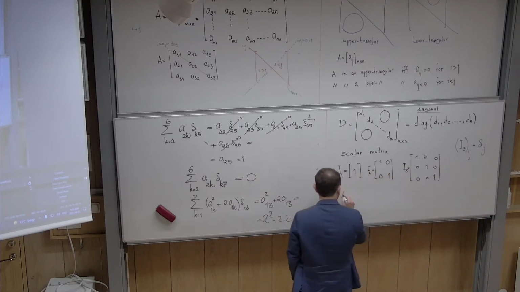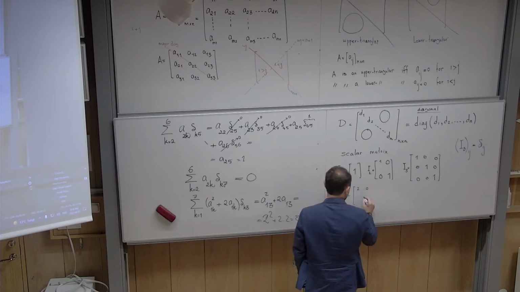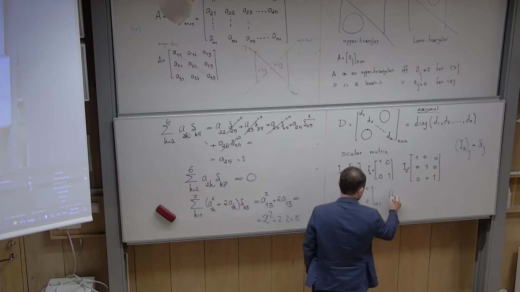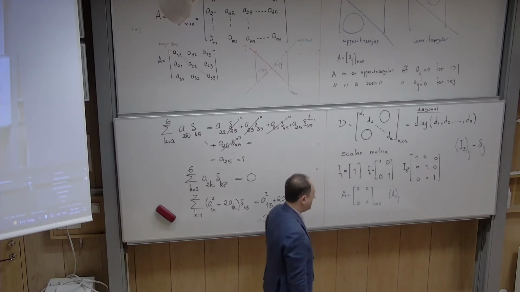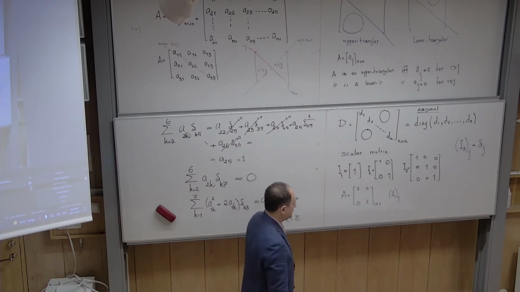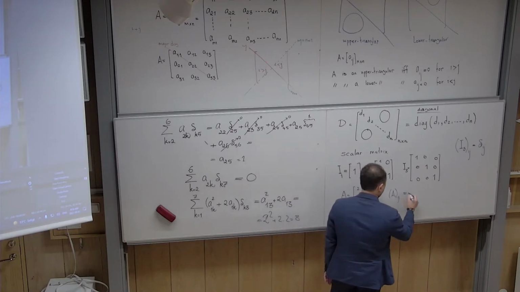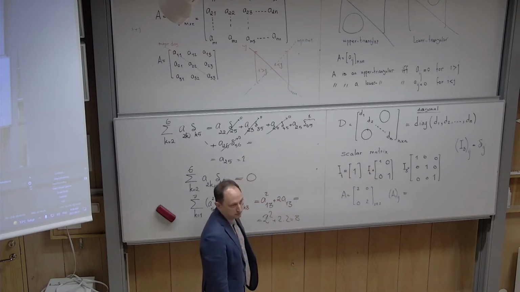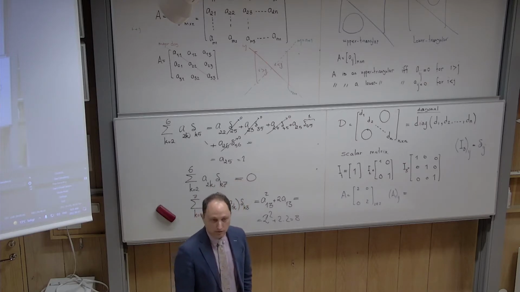If I give you a scalar matrix, say 2, 0, 0, 2, 2 by 2, and I ask you, can you write something for this entry, the matrix A sub ij? Can I write something in front of it in terms of Kronecker delta?